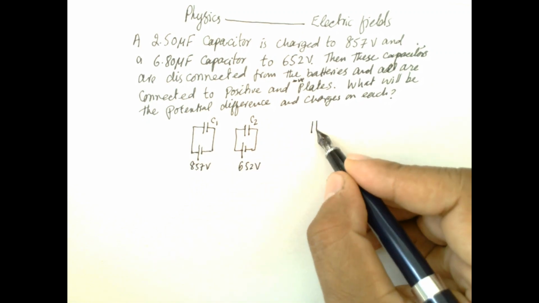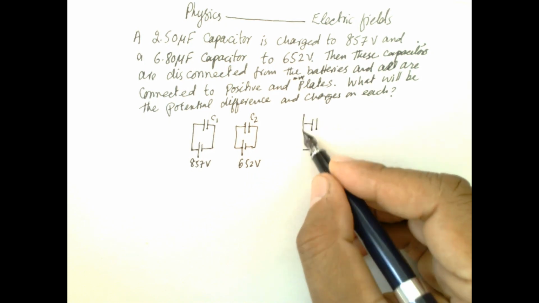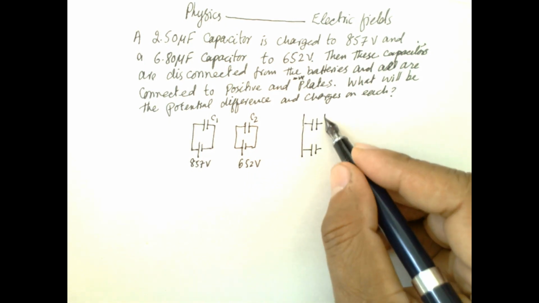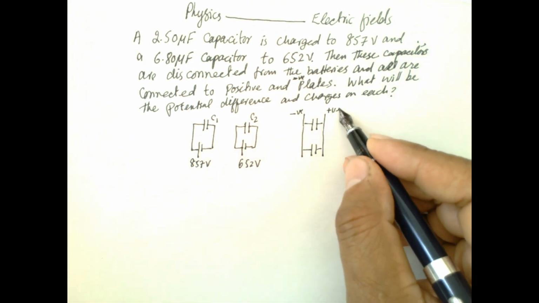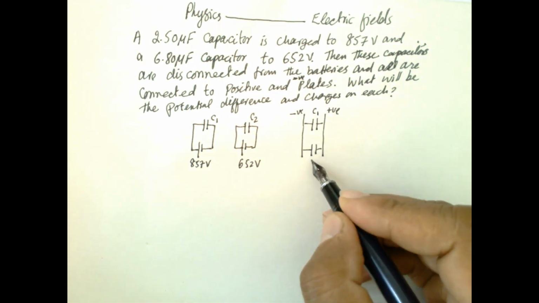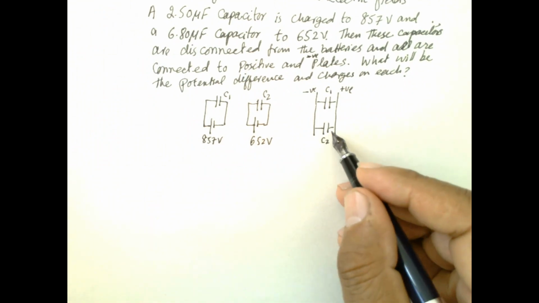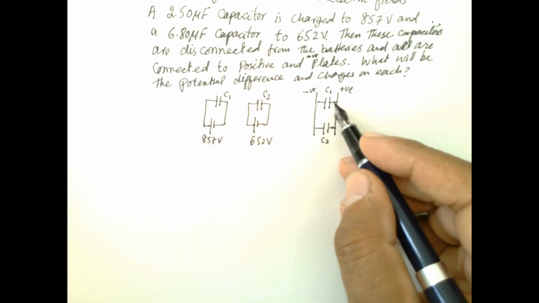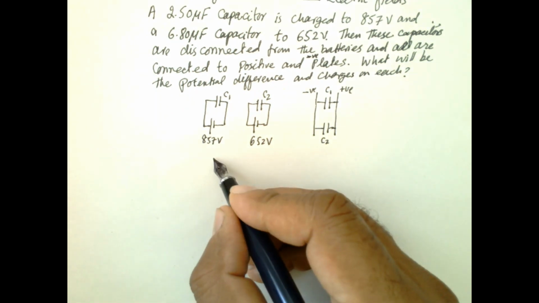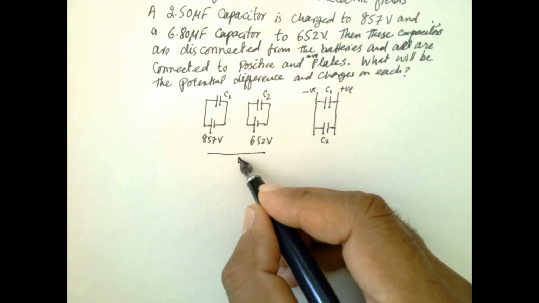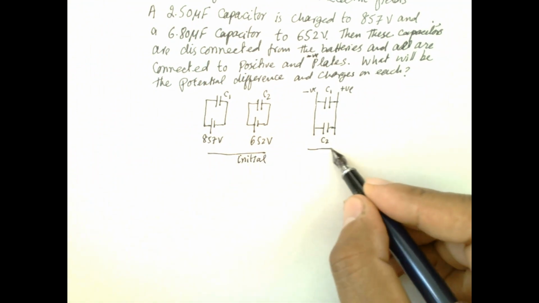Then these capacitors are attached to a negative plate and a positive plate. This is C1 and this is C2, and we have to find the voltage difference and the charge on each at the final stage. This is the initial stage, and this is final.